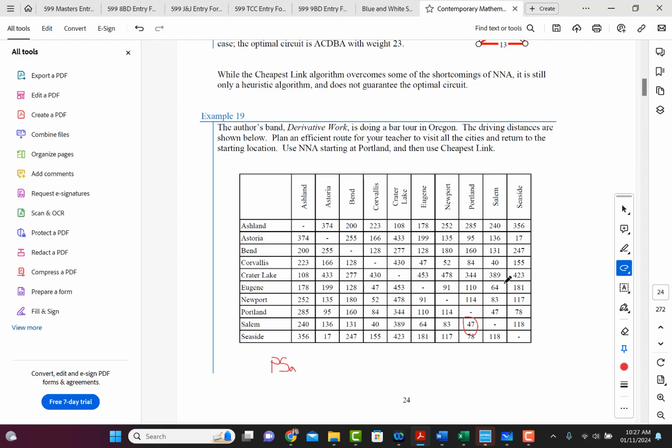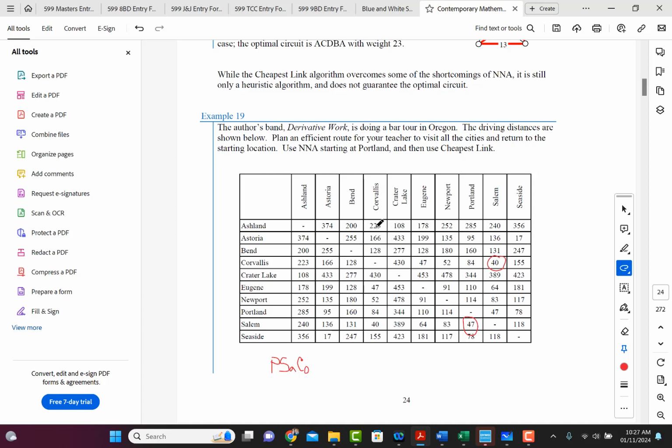And then from Salem, we're going to go to Corvallis. That's the cheapest one, the smallest one. So that's going to be Corvallis.